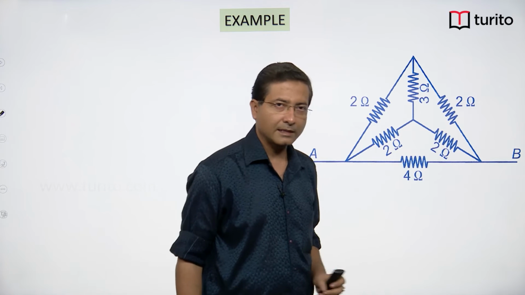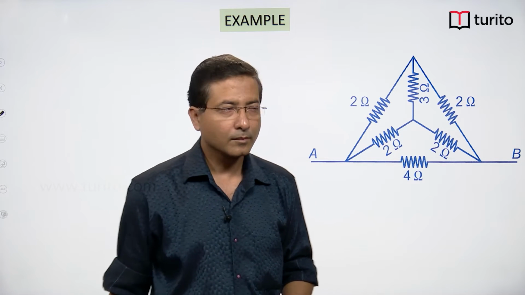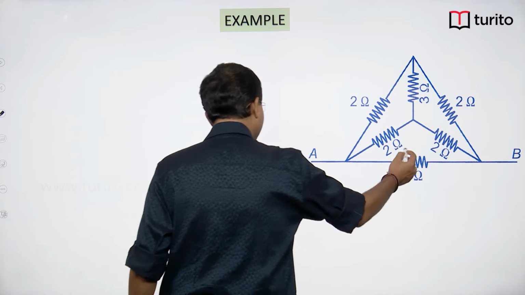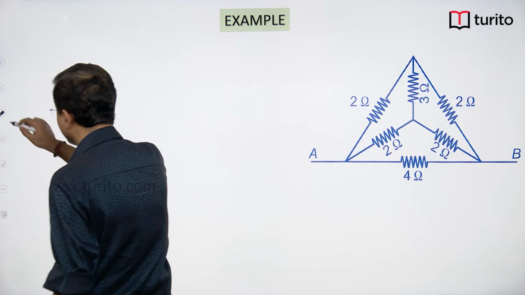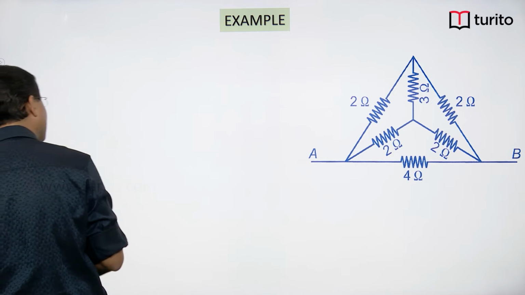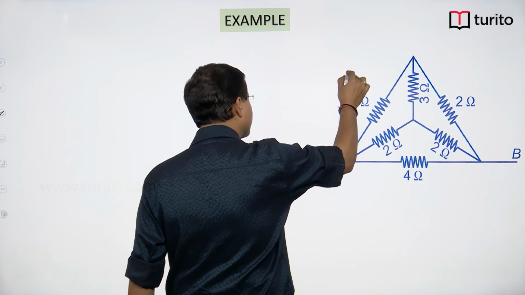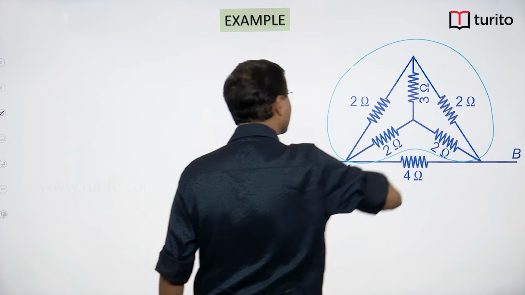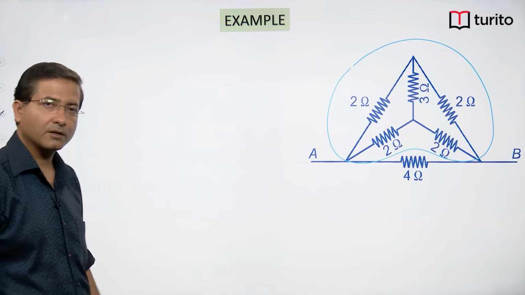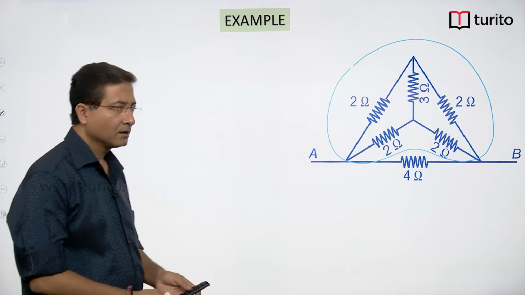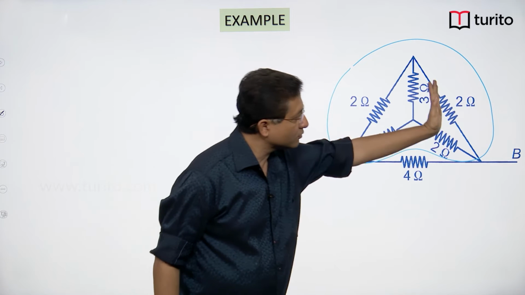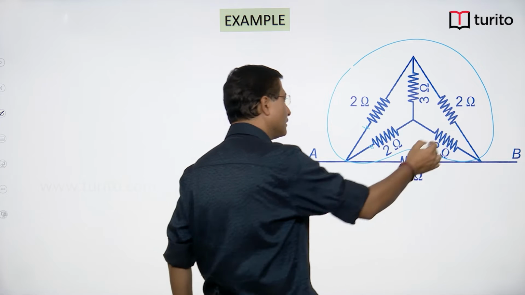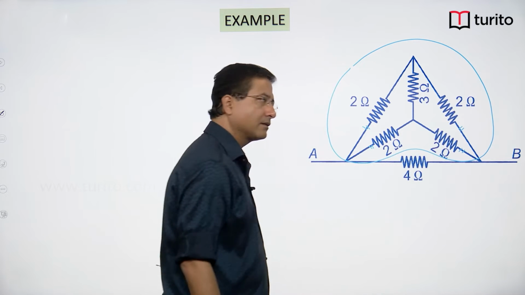Look at this diagram. If I leave this 4 ohm and just focus on this part of the circuit, this one upon this one is equal to this one upon this one, 2 by 1 is equal to 2 by 1, right.